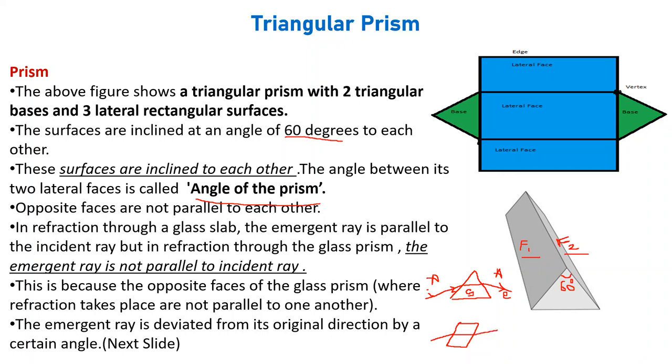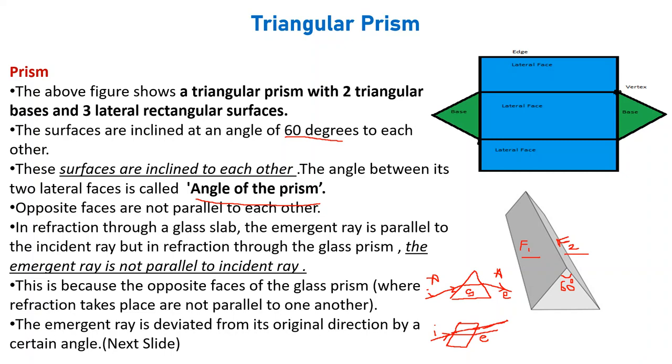Little bit like this, and if I extend this incident ray, this is my incident ray and this is my emergent ray. We have seen in a glass slab the incident ray is parallel to the emergent ray because of the lateral displacement.